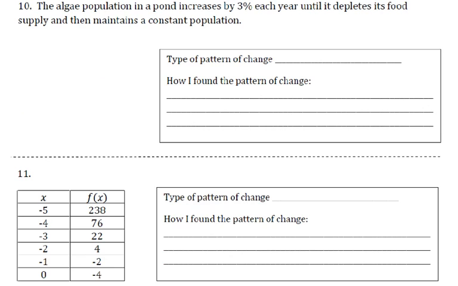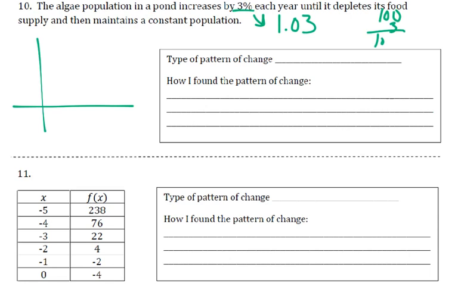Alright, number 10. The algae population in a pond increases by 3% each year until it depletes its food supply and then maintains a constant population. So I think graphing this one would be a good idea. Increasing by 3% would mean we're multiplying by 1.03, or 103%, because we're taking the population and adding 3% to it.